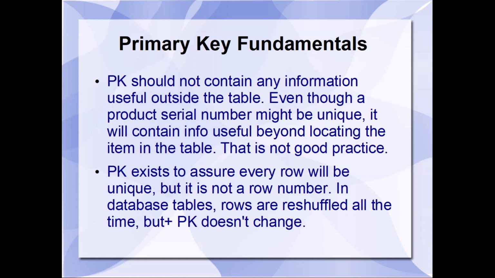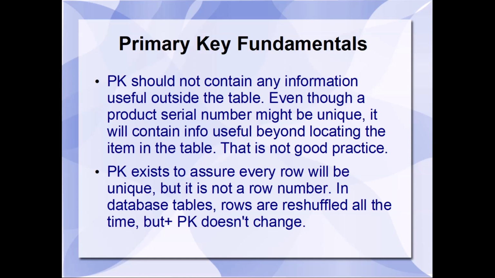So it does not matter in which order data lives in the rows, because the primary key is a random number, hopefully doesn't have any semantic information relevant to the data. It's just a number which exists to assure no two rows are duplicates.